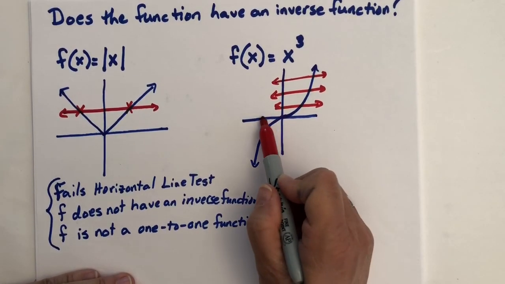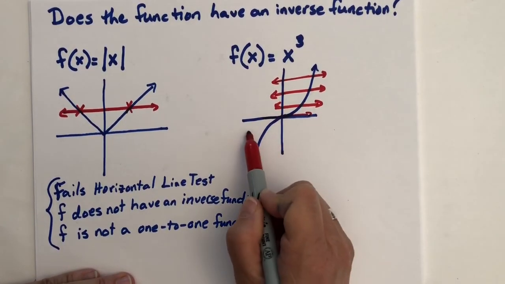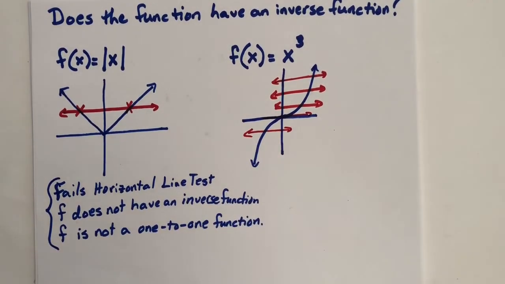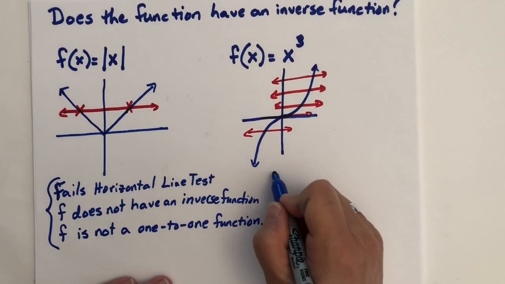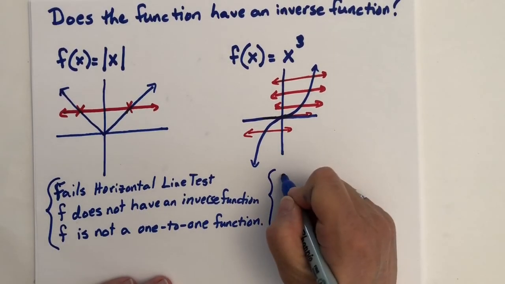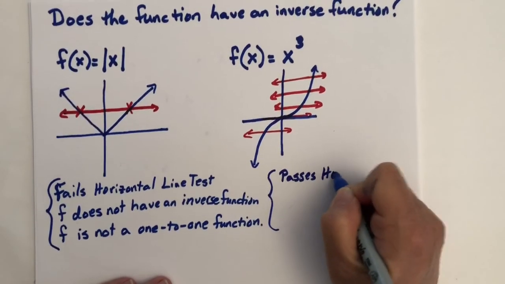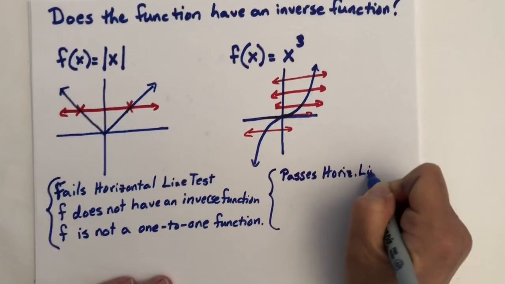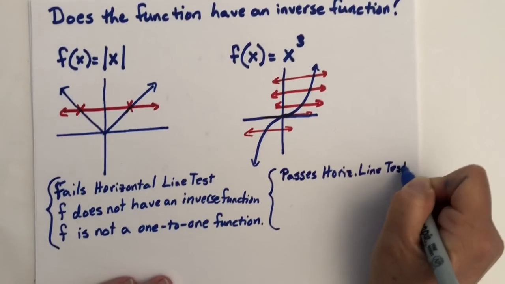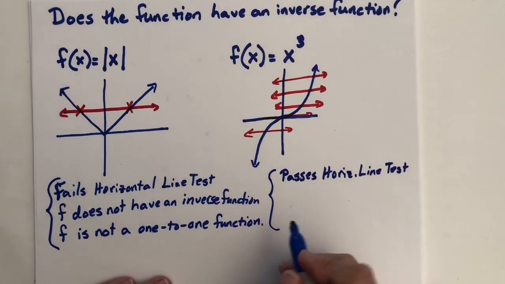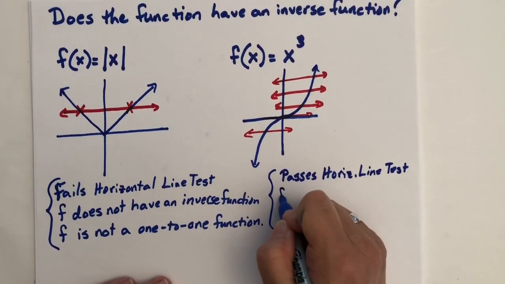It flattens out, but there are no 2 points in the same horizontal line. So this one passes the horizontal line test. So it does have an inverse function.